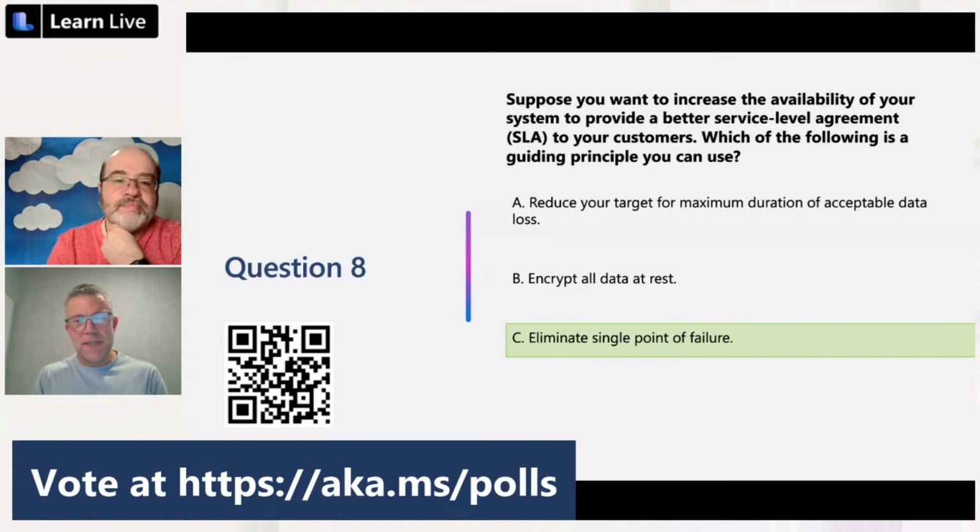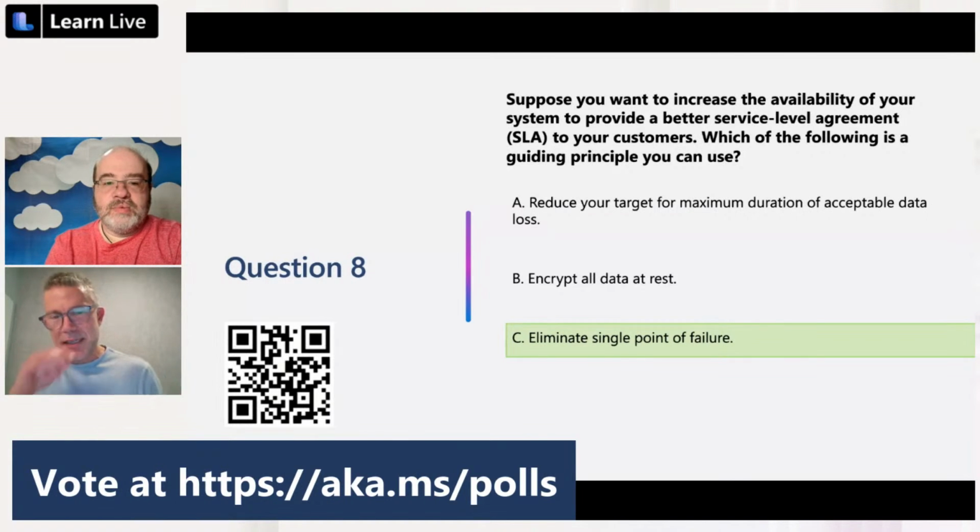You would want to ensure that you don't have a single point of failure, but that also suggests you're going to have redundancy somewhere. Redundancy is going to affect how much that application or workload costs to run, because now you're effectively running two different systems.